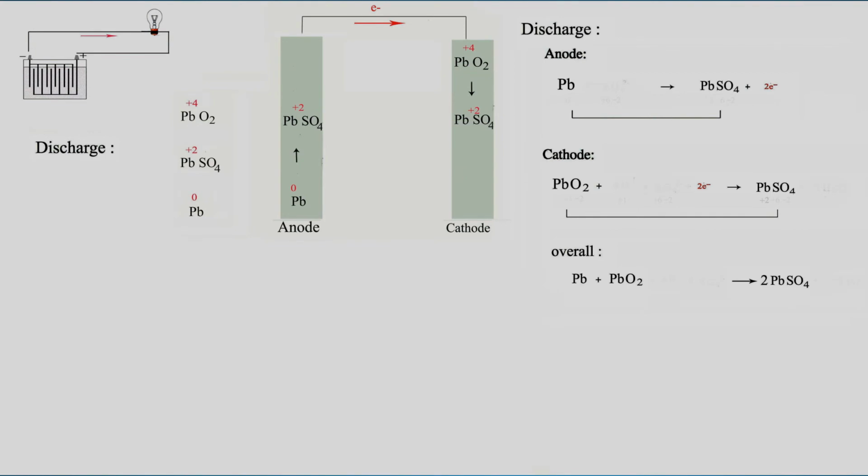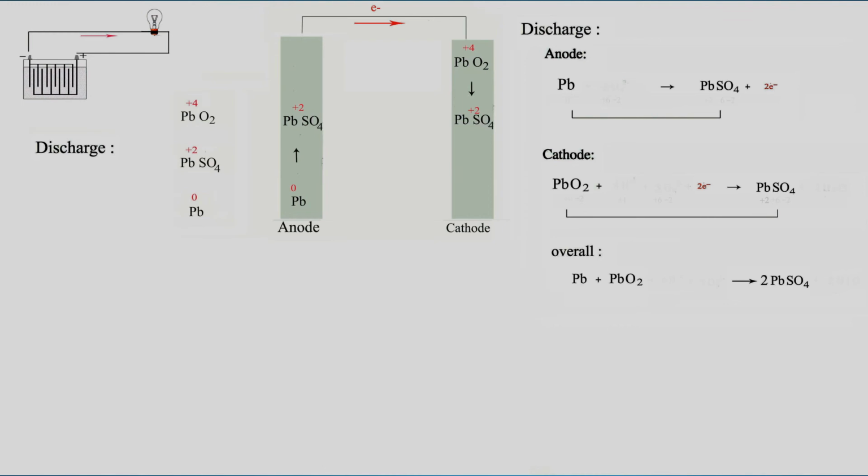Now let's simplify this equation. Pb becomes PbSO4. PbO2 also becomes PbSO4. So you can see the overall equation: Pb plus PbO2 becomes 2 PbSO4.